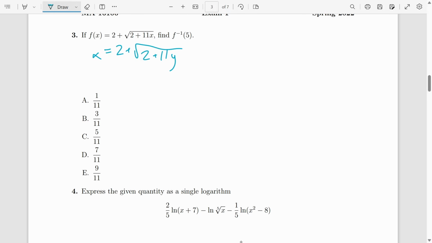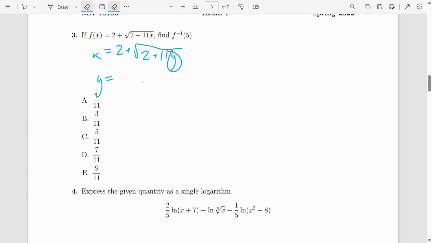So now we're in this state, and now we just solve for y. We do a bunch of adding, subtracting, multiplying, dividing to get this back in a state where it's y equals. And then whatever is left here will be the inverse of f. So that's how we find inverses.